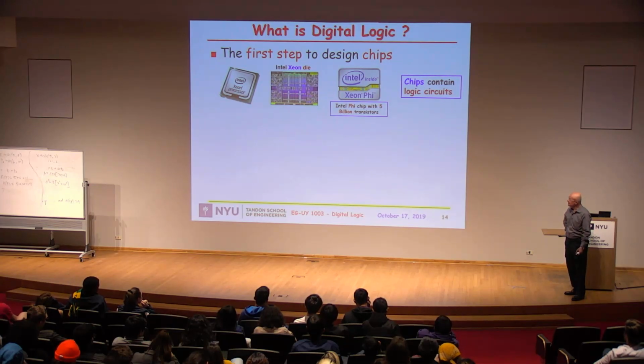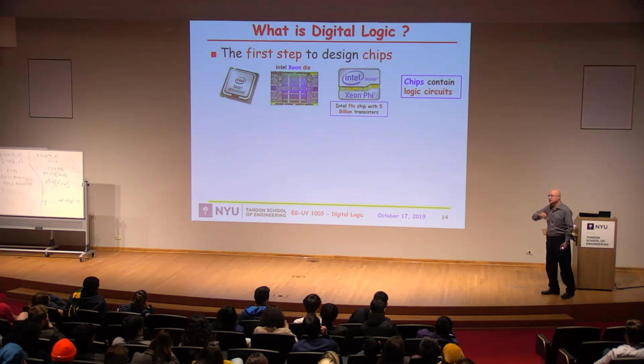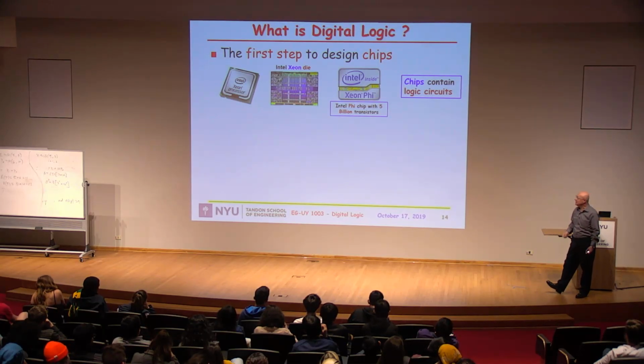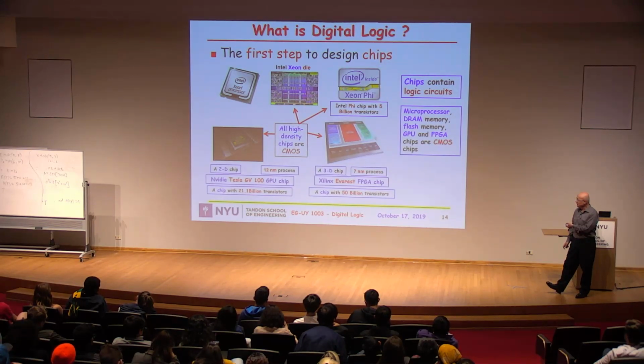So digital logic is then the first step to design chips like the one that I've been showing you, the GPU chip that you need for graphics and also high-speed computations. So everybody, this chip has 50 billion transistors, and this NVIDIA GPU has 21 billion transistors, and your DRAM chips have even more transistors. So all of them need digital logic. What else?